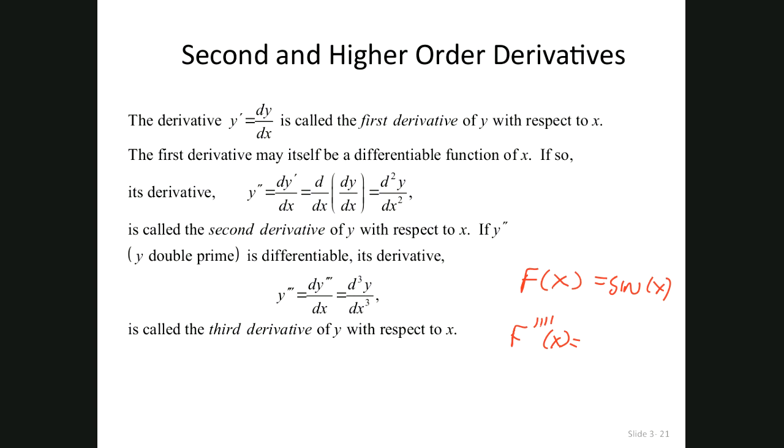What if I asked you to find the 10th derivative of e to the x? What would my answer be if I had to take the derivative 10 times of e to the x? That is absolutely correct.